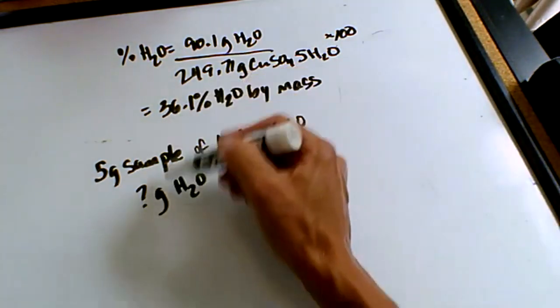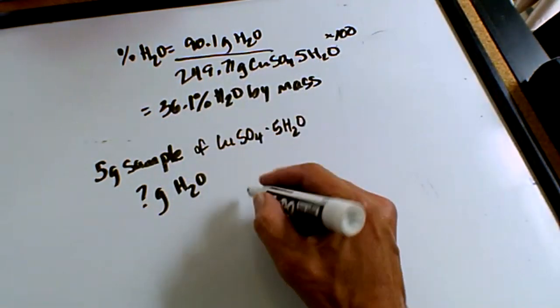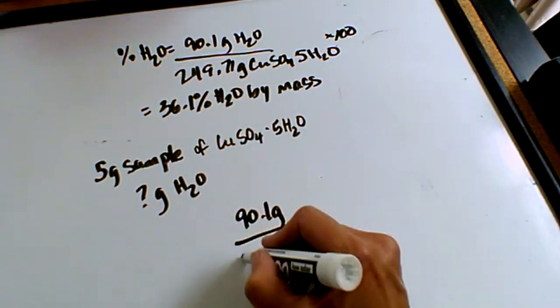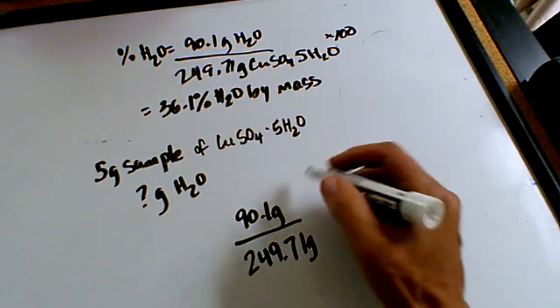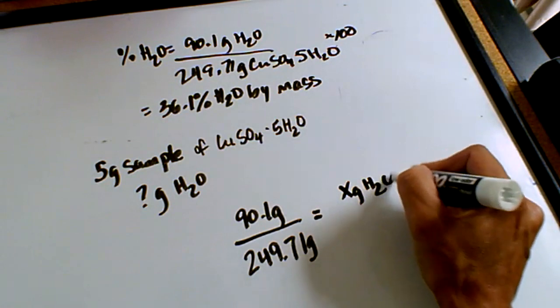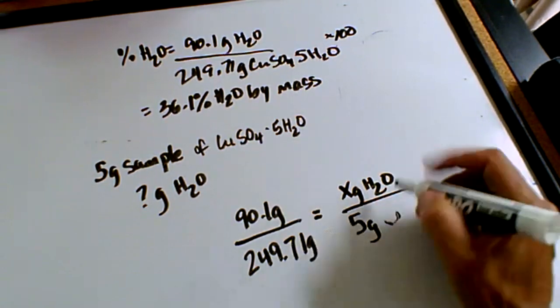Well, we know we could get 36.1%, or couldn't we say that there are 90.1 grams and 249.71 grams, and set that equal to how many grams of water would be in 5 grams of the compound, right?